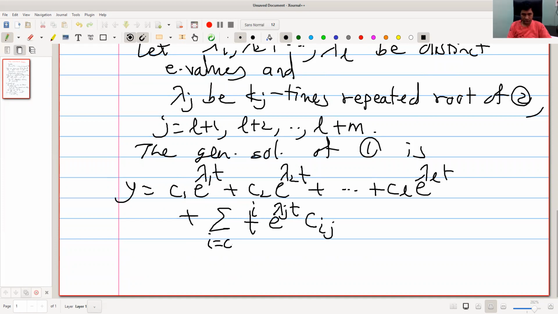Now i should start from 0, and lambda j is repeated kj times, so up to kj minus 1. So this is related with lambda j, and there are such repeated roots, say lambda L plus 1, lambda L plus 2 up to lambda L plus M. So we can write this as again a summation, j equal to L plus 1 to L plus M. So this will be the general solution.